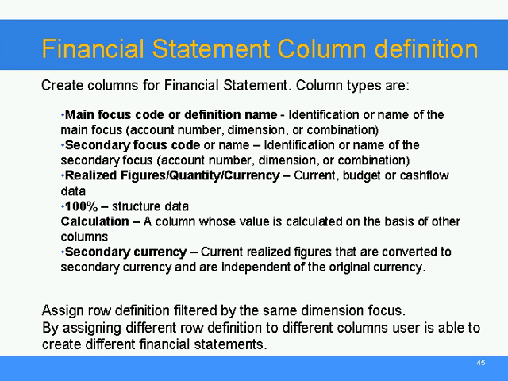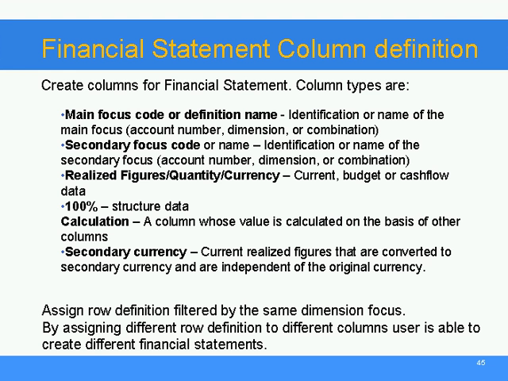Financial statement column definition. Create columns for financial statement, and column types are name, focus, code, or definition name. So it means identification or name of the main focus, account number, dimension, or combination.